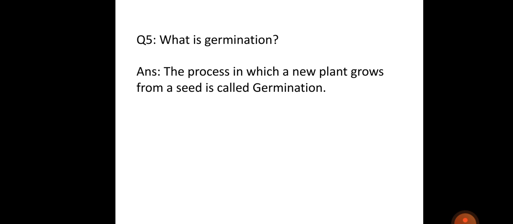Okay students, so the answer will be: the process in which a new plant grows from a seed is called germination, because without seed a new plant cannot be grown. We cannot have a new plant without sowing the seed in the soil. So what we have to do, we have to sow the seed in the soil, and the whole process that is involved when we sow the seed in the soil and give water to it, and then a new plant develops from it, that whole process is called germination.